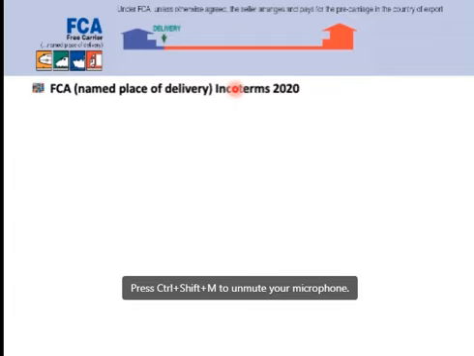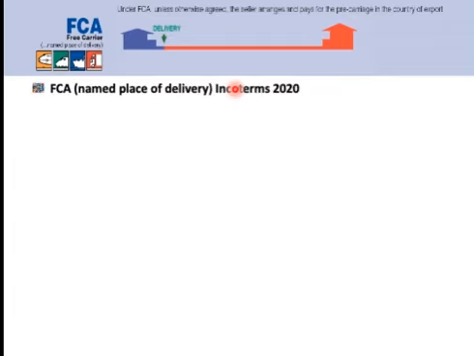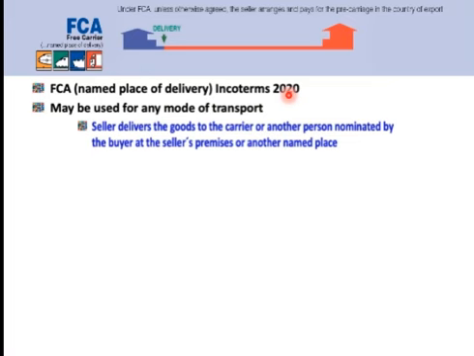So when stipulating the FCA in your contract, you should write FCA plus the named place of delivery, Incoterms 2020. This term can be used for any mode of transport.